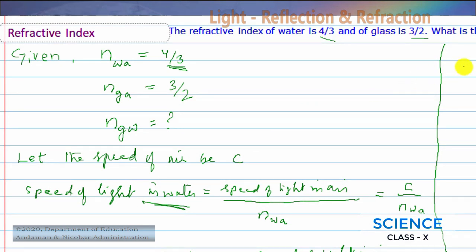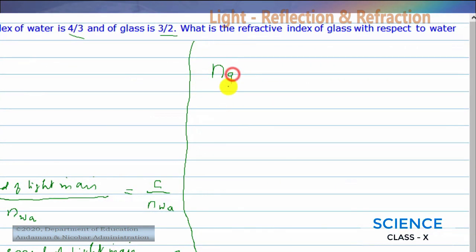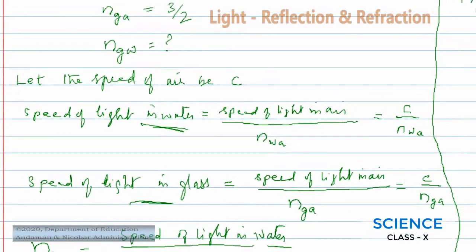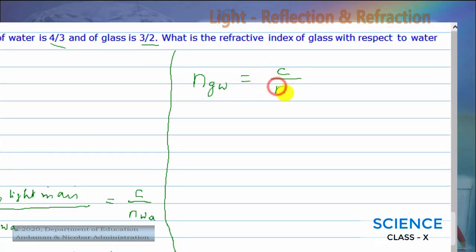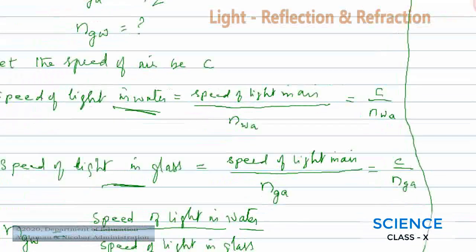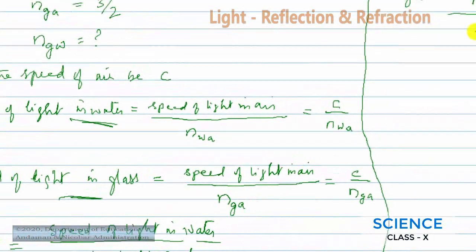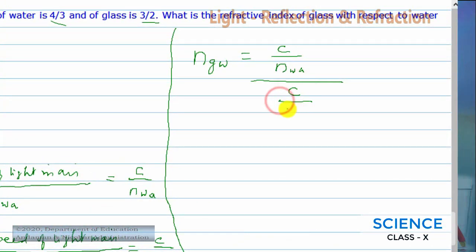So NGW is equal to the speed of light in water, c by NWA, divided by the speed of light in glass, c by NGA.